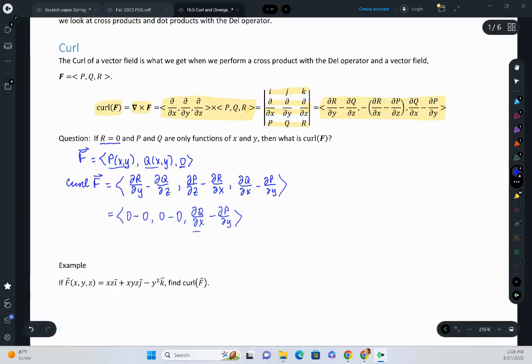Look at this here. Del q del x minus del p del y. That should look familiar. This is the integrand from Green's theorem.